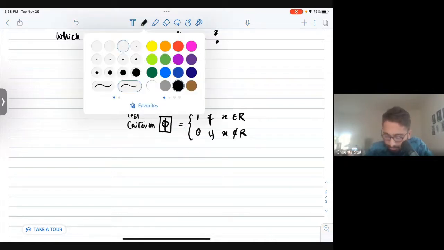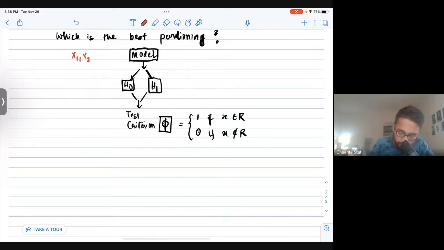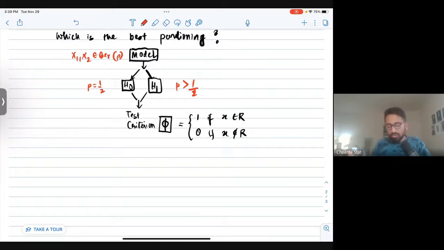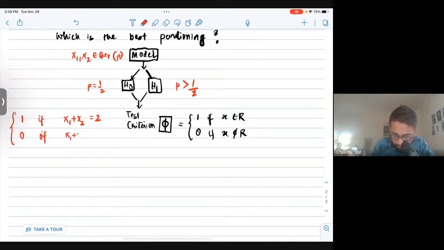An example that we have seen: let's say x1, x2 follows Bernoulli p, and H1 is p is greater than half, with the null being p equal to half. The test criterion we have seen is x1 plus x2 equal to 2, that's the criterion of rejection. So phi is equal to 1 if x1 plus x2 is equal to 2, and 0 if x1 plus x2 is less than 2.